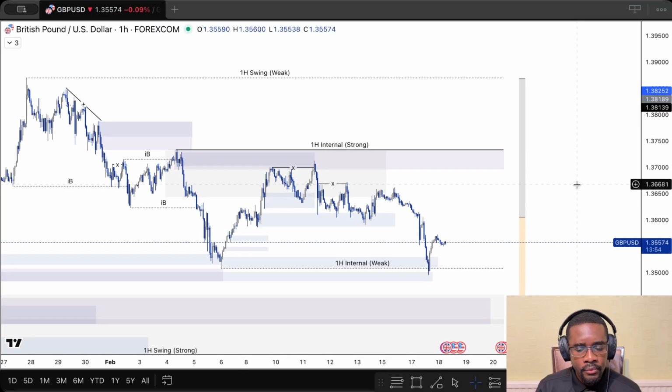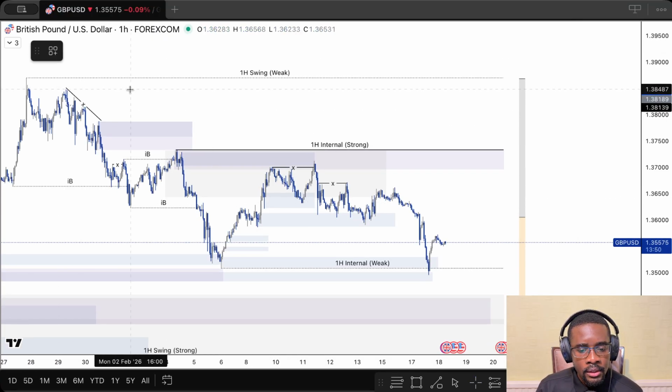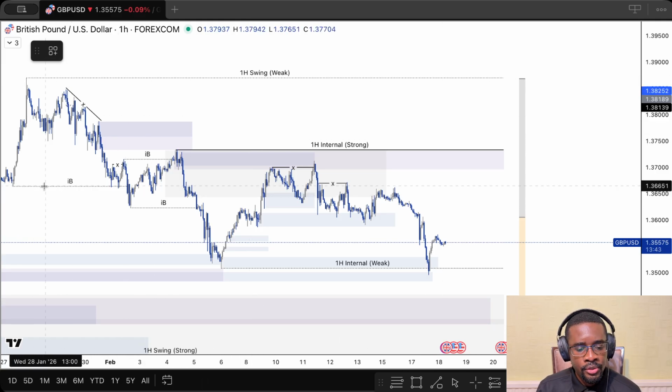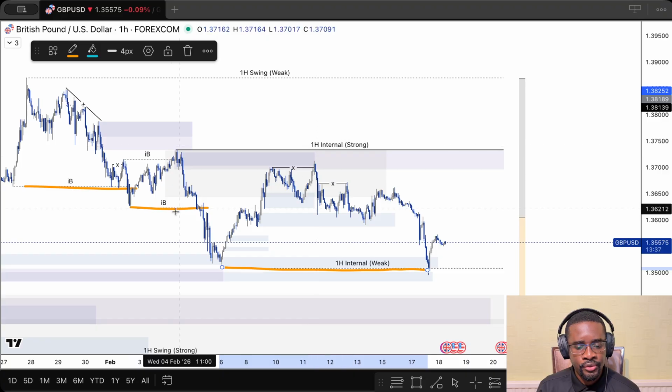So this is what we have. So our swing is bullish. Okay, our swing is bullish. This is our weak swing high. And then internally we are bearish. Okay, we've had this bearish break of structure. Okay, and then we've had another bearish break of structure.